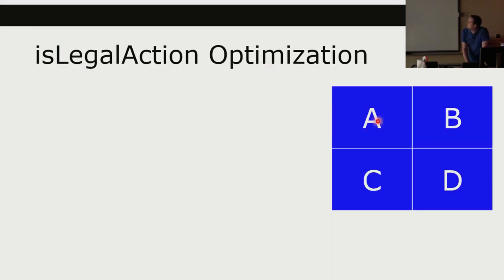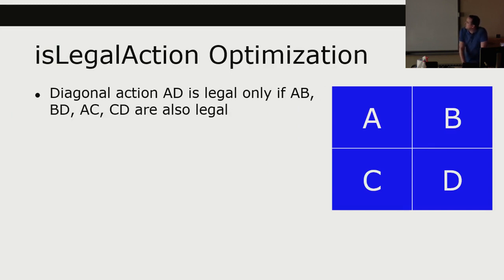Let's say we have 4 tiles, A, B, C, and D. Diagonal action of going from A to D is legal only if AB is legal, AC is legal, BD is legal, and CD is legal, right? So we would have to be able to go from A to B, then to D, and from A to C, then to D. So that's 4 checks. Are A and B the same? Are B and D the same? Are A and C the same? And are C and D the same?